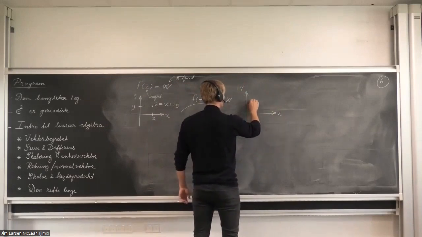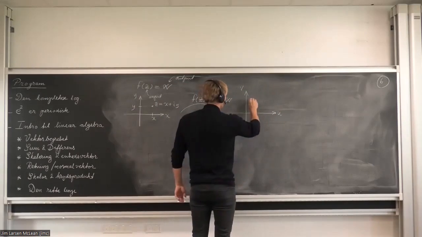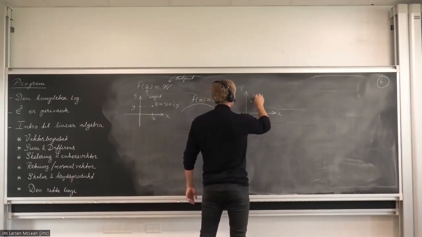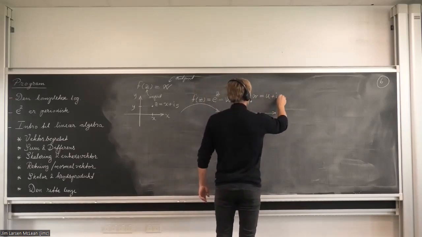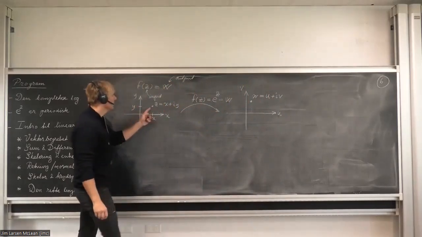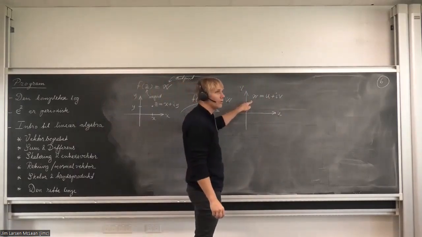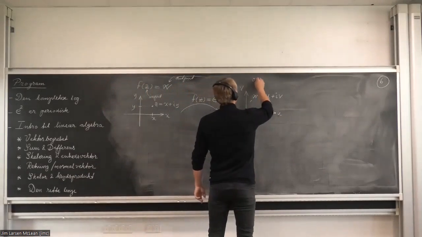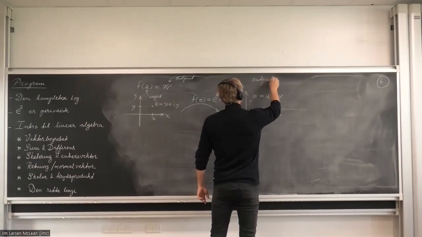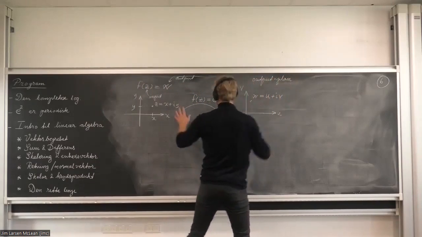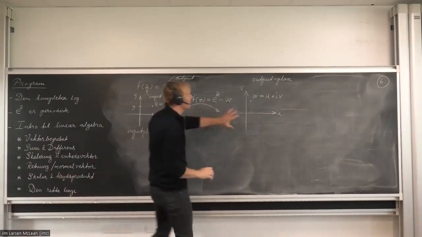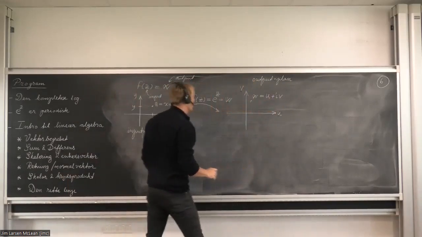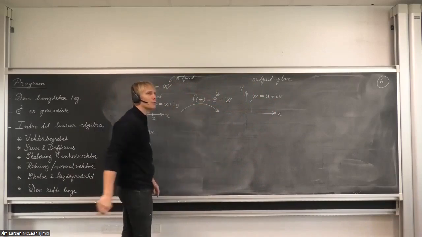It could be that w lands right here. w is now called u plus i times v. So we have an input, we send the input off, and then it lands over here in our output plane. All the inputs to the function exist in this plane, and all the outputs live over in this one. And the way they go from one plane to the other is that they're propelled by the function f.